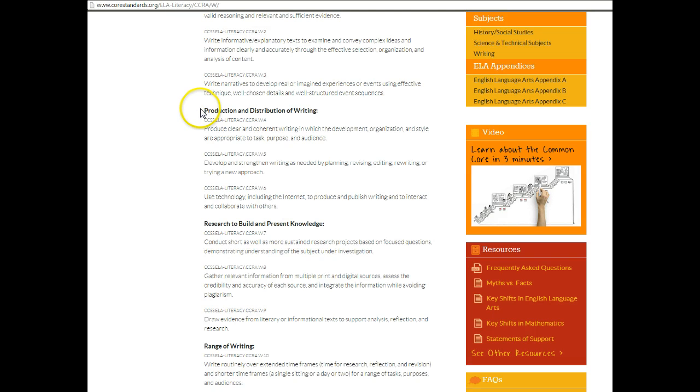The next strand is the production and distribution of writing. And at each level, they have different core standards for the different grade levels to basically what to do with the writing after they have written it. They publish it, they share it, they use technology to do so.